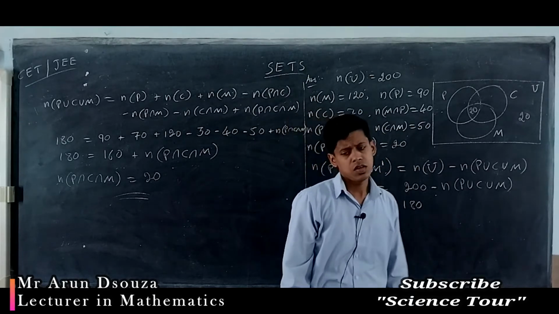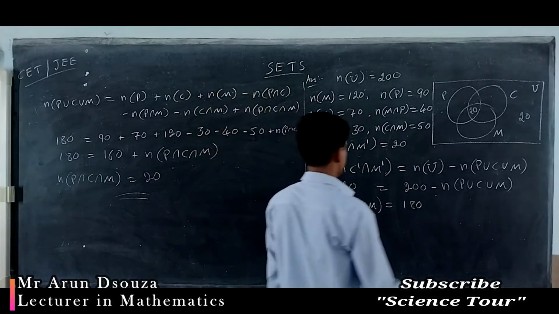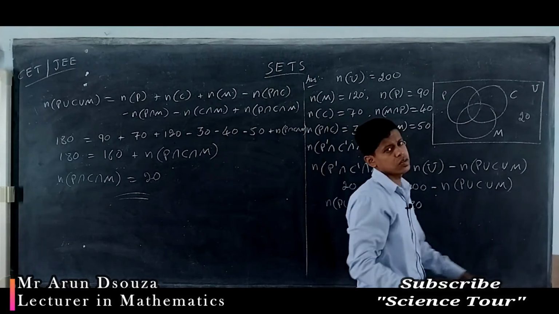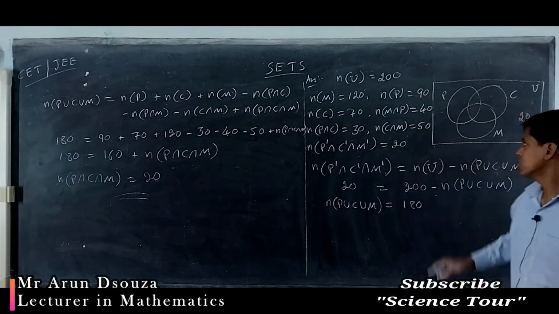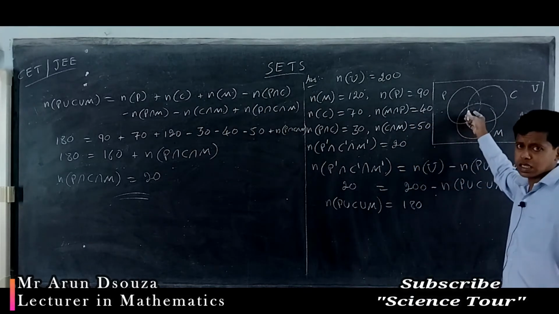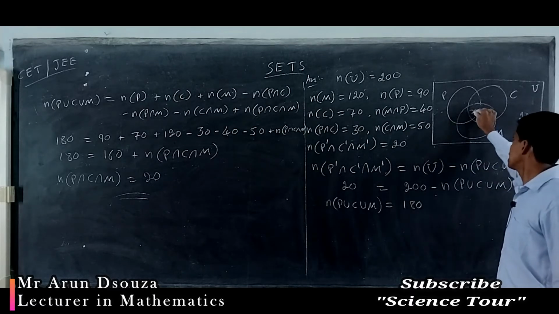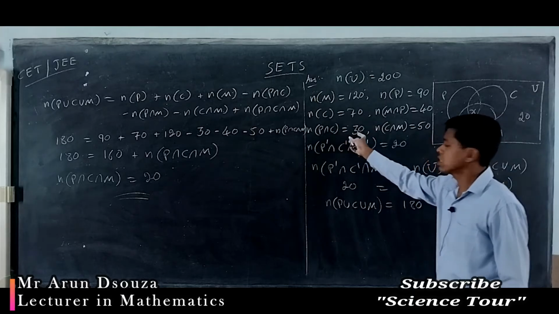See, how do you solve this using Venn diagram only without the formula? It's not possible. You have to use the formula finally, because Venn diagram is based on this region. You start with this region, then other regions will automatically fill in. So if you take this as X, then what is P intersection C? P intersection C is 30.